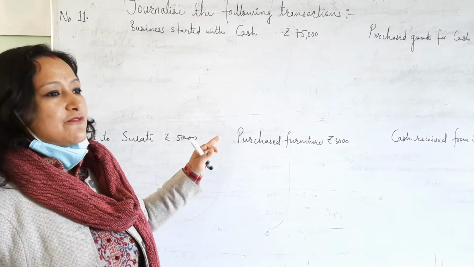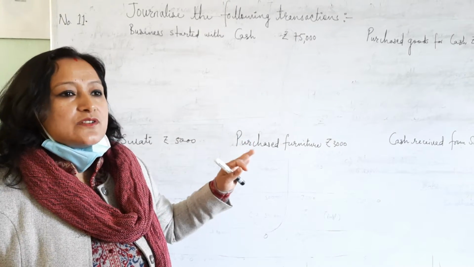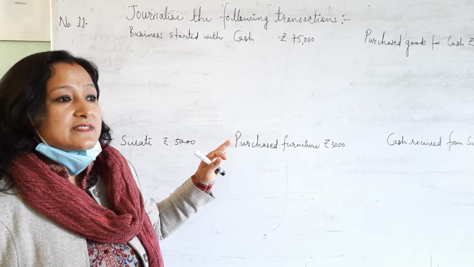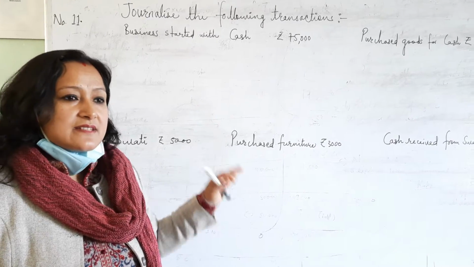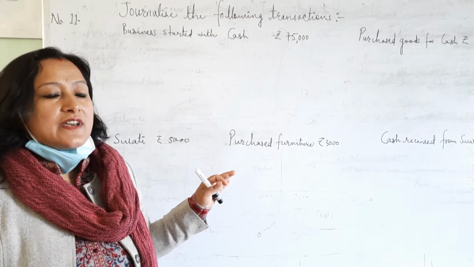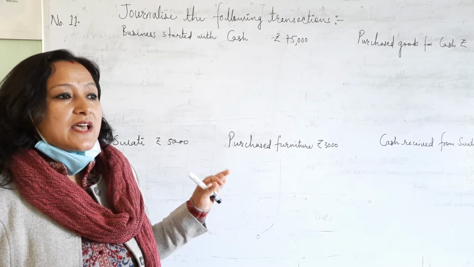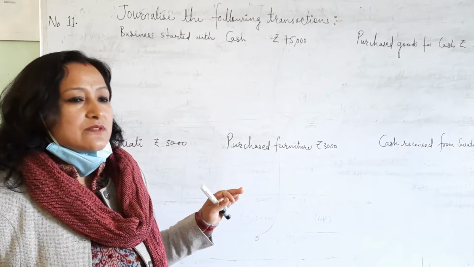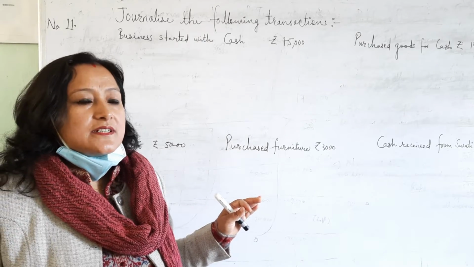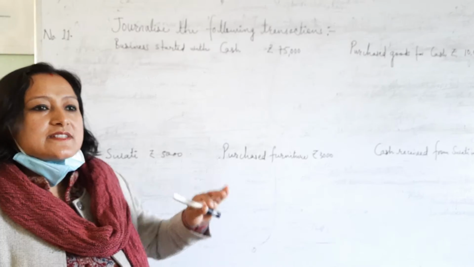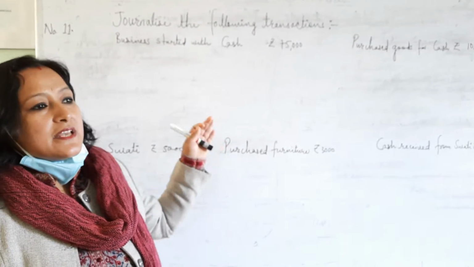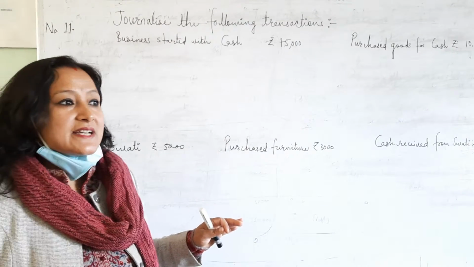Second one, real or property rule: debit what comes in, credit what goes out. Since this account consists of the assets, all the properties possessed by the business, if any asset comes in, then we will be writing in the debit. If it goes out, then we will be writing in the credit.